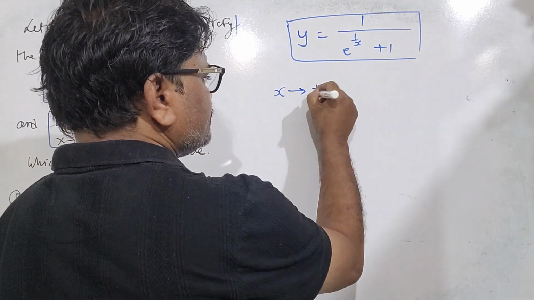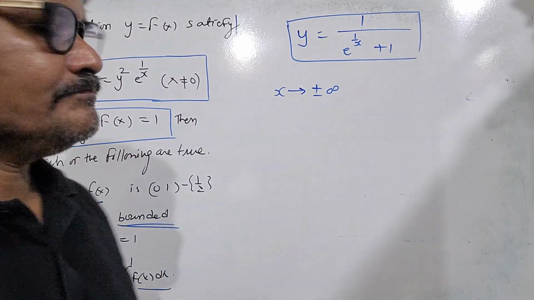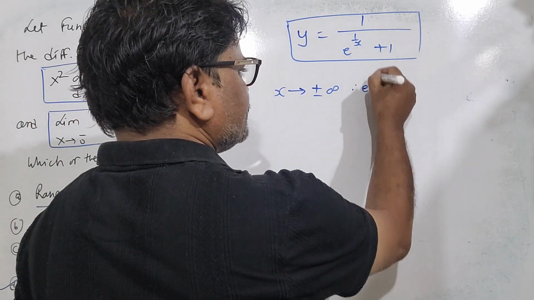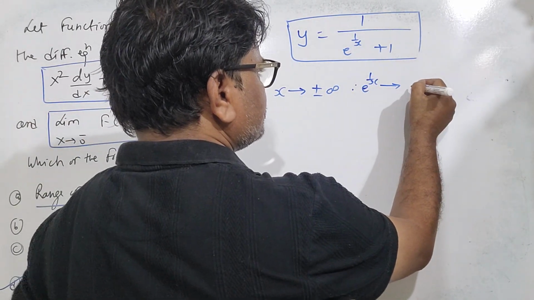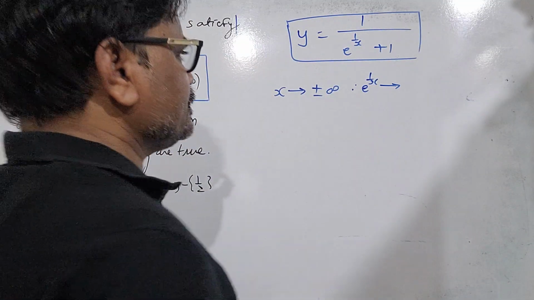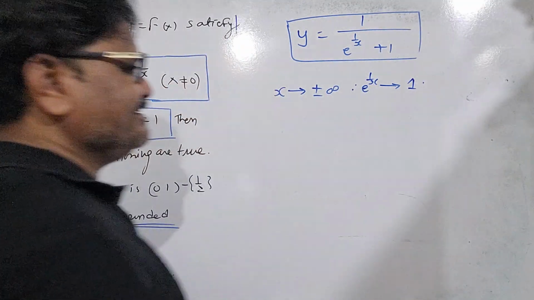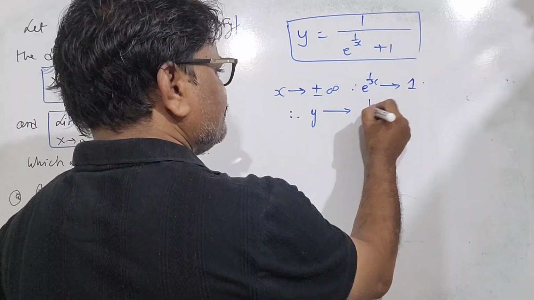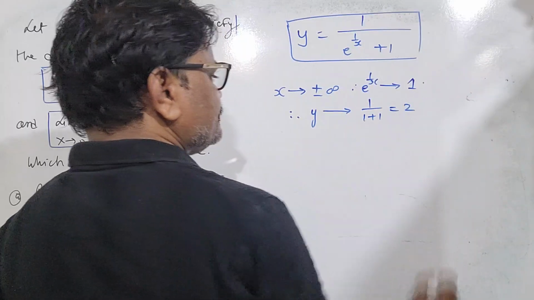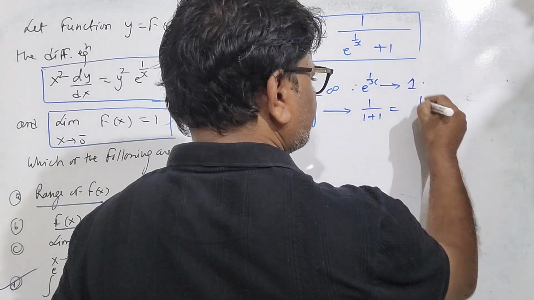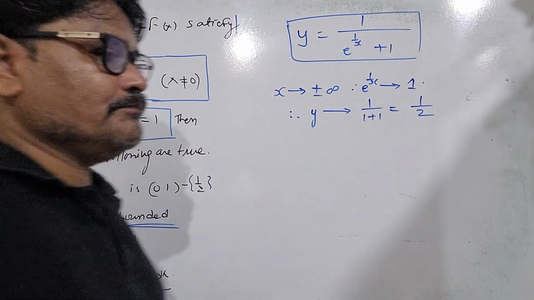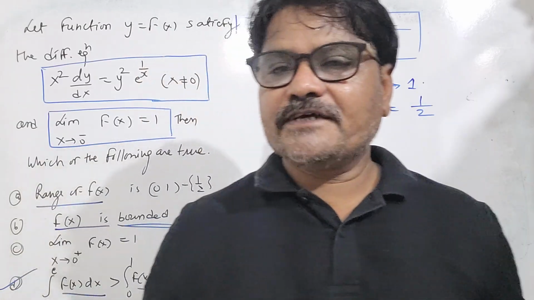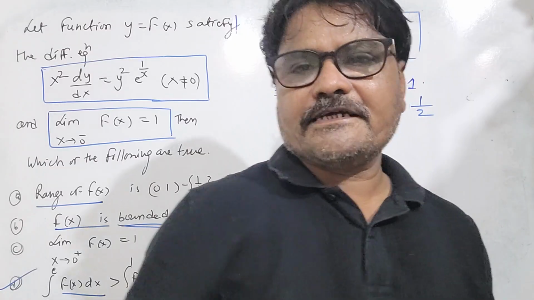When x approaches plus or minus infinity, 1/x approaches 0, so e^(1/x) approaches 1. Therefore y approaches 1/(1+1), that is 1/2. So y approaches 1/2, but y cannot be 1/2, when x approaches positive or negative infinity.